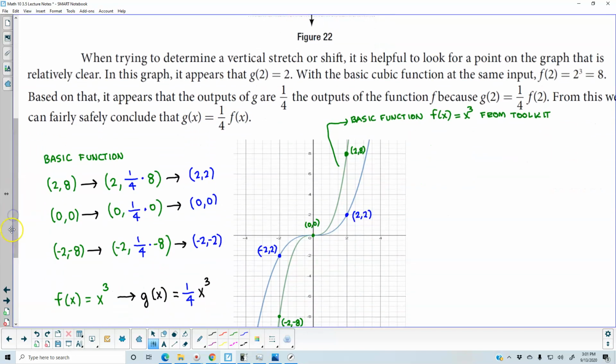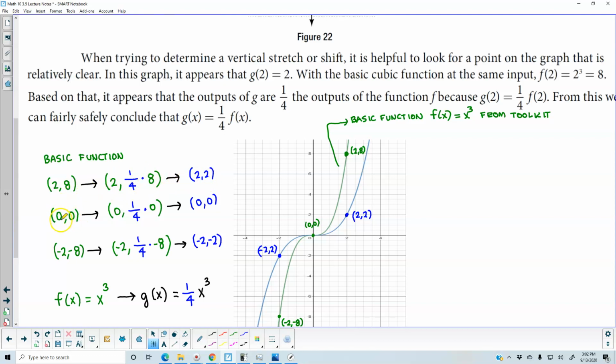So again, the basic function is the following, and it's in green. We have (0, 0), (-2, -8), and (2, 8) as the basic points from our x cubed toolkit. If we have (2, 8), and we take 1/4 of that 8, then we're going to get (2, 2).